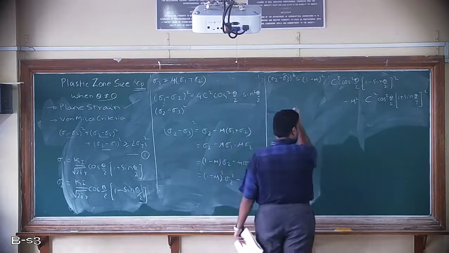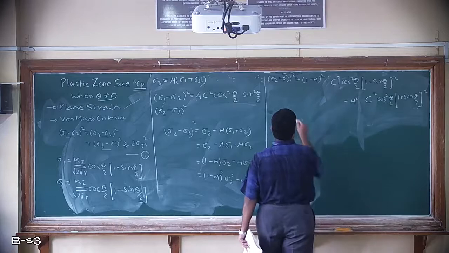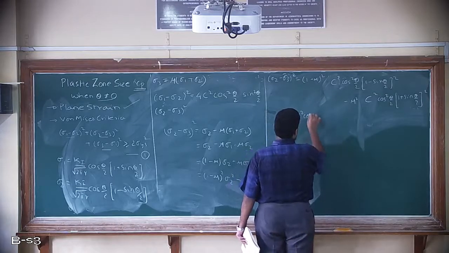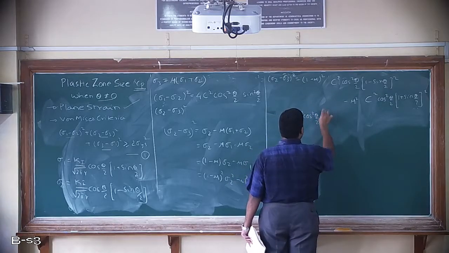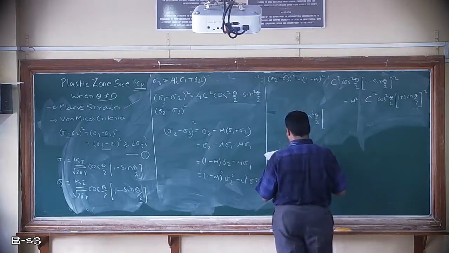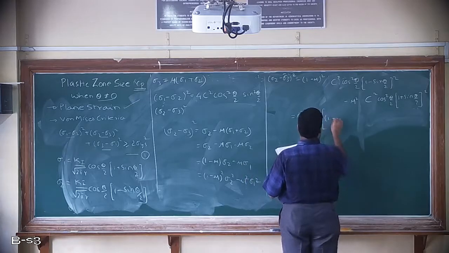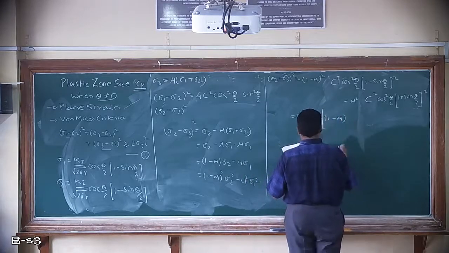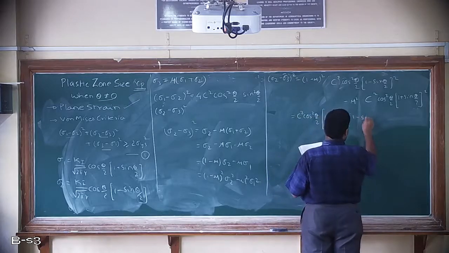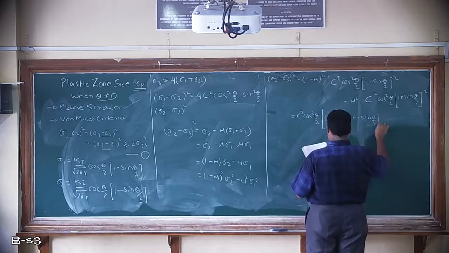So taking this c square cos square theta by 2 term outside, in the bracket what we get is 1 minus mu into 1 minus sin theta by 2.